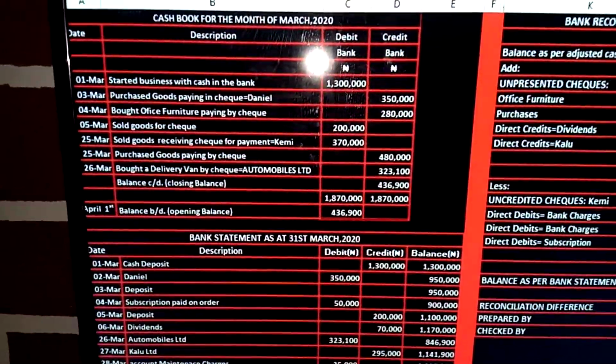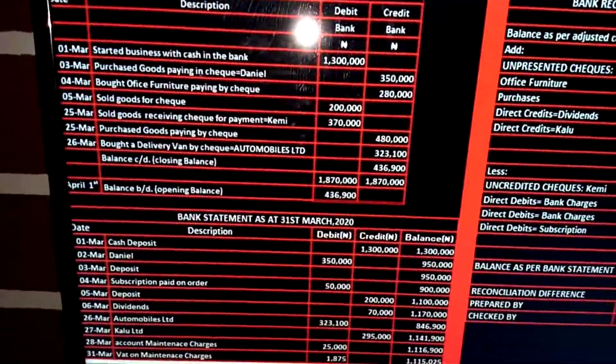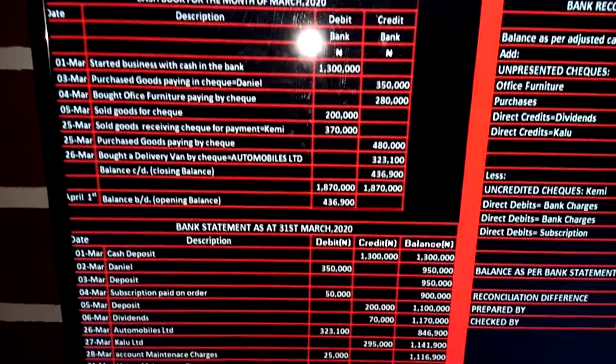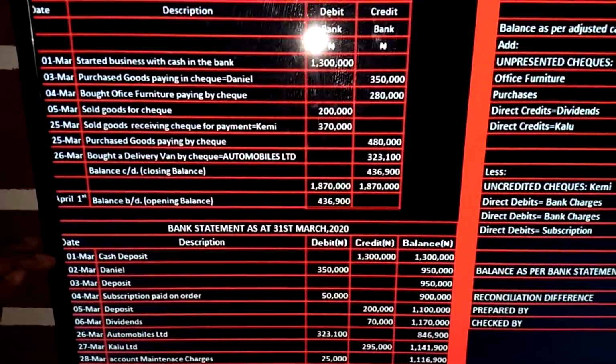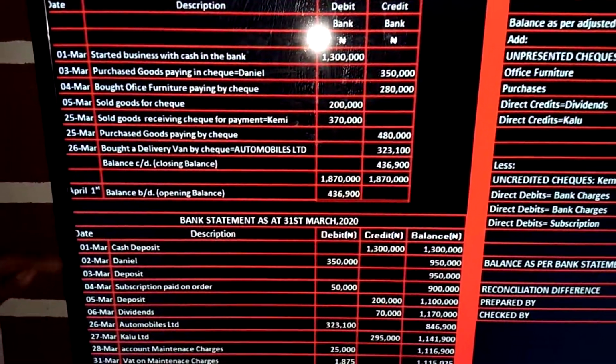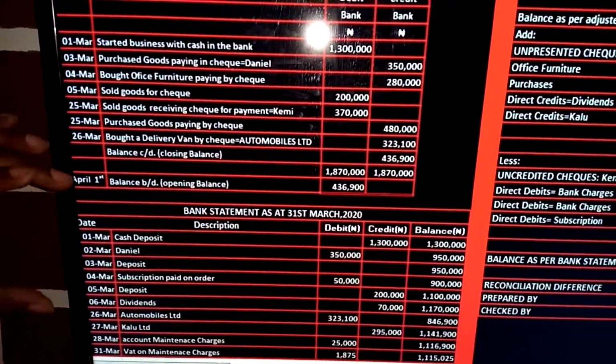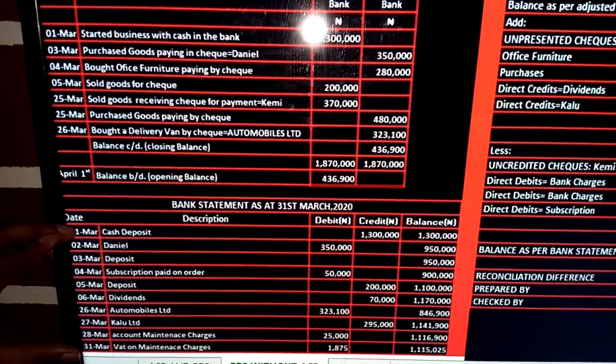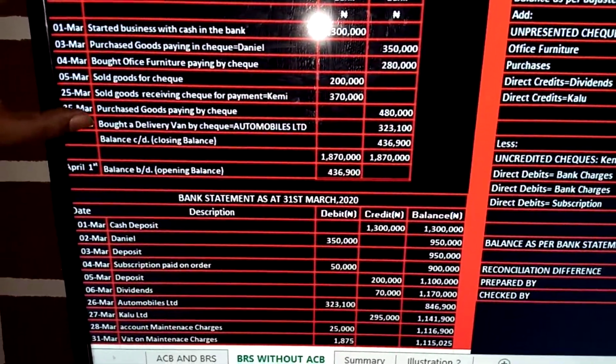So first of all, let's check what is in the cash book that is not in the bank statement. Okay? Or we can say, let's check what is in the bank statement that is not in the cash book.